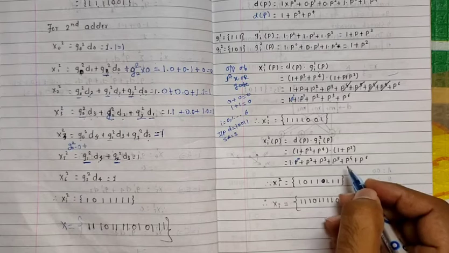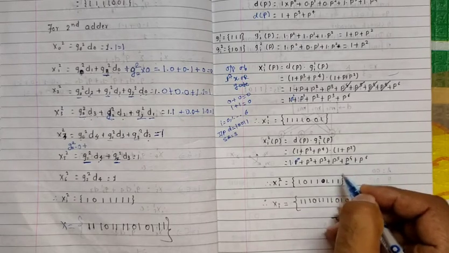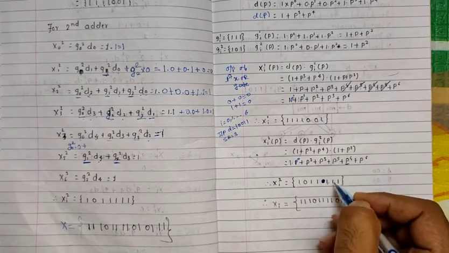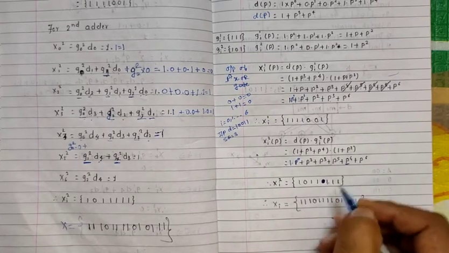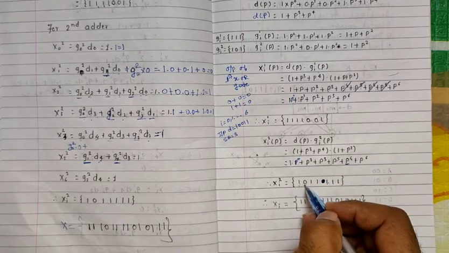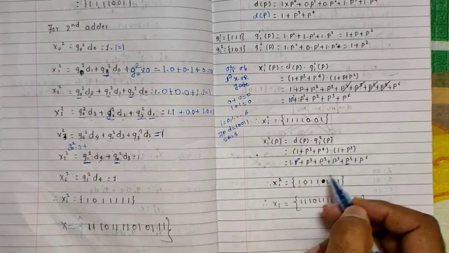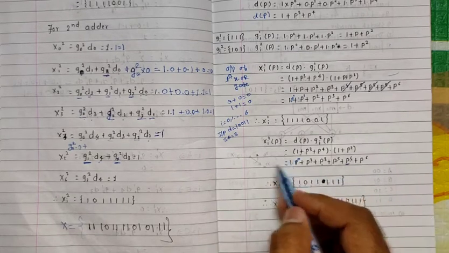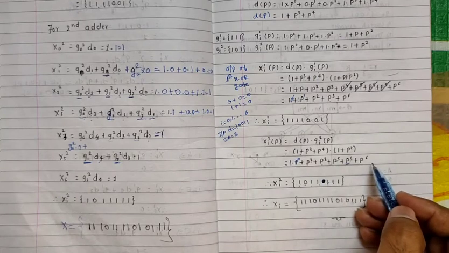P4 coefficient is 1, P5 coefficient is 1, and P6 coefficient is 1. So total 7 bits. P0 coefficient is 1, P1 is not available so 0, P2 is there, P3 is there, P4 is there, P5 is there, and P6. While writing the output, please write it in ascending order.